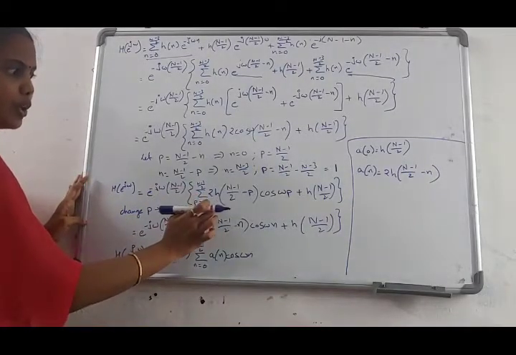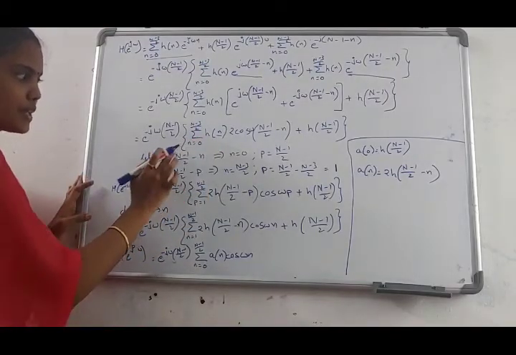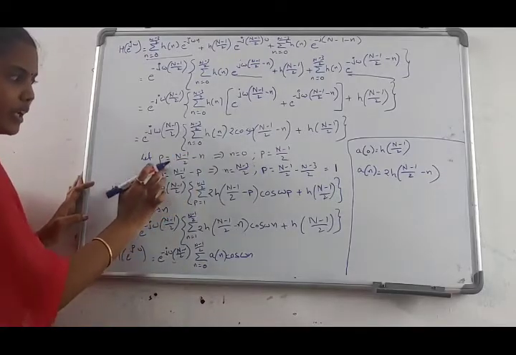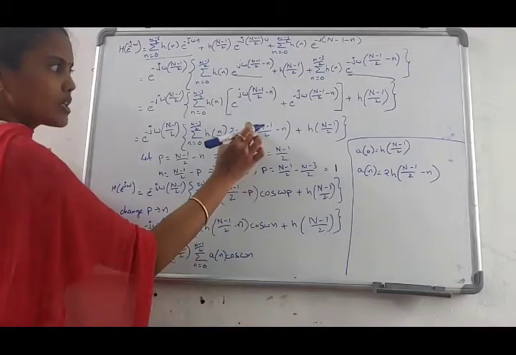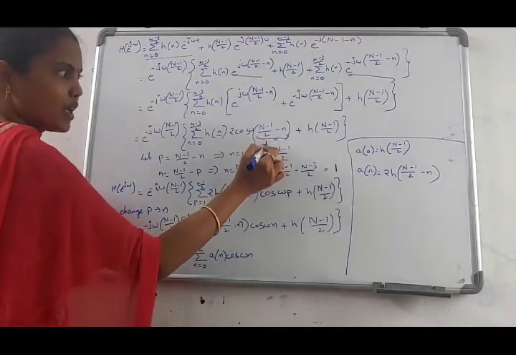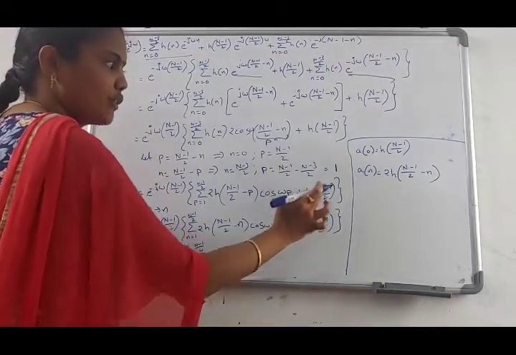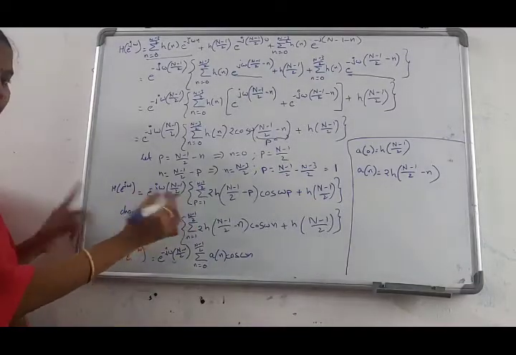And 2 h of n, what is n? Since p is equal to (N minus 1)/2 minus n, n is equal to (N minus 1)/2 minus p. So substitute that value, and cos omega of this value, which is p: cos omega p, plus the remaining term h of (N minus 1)/2. Now change p to n.